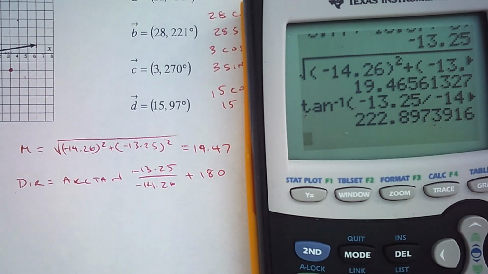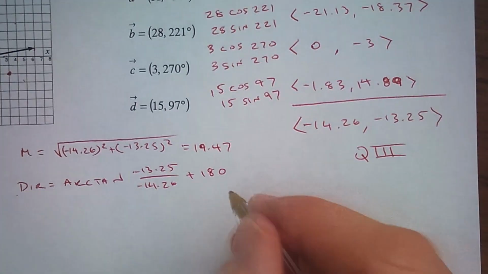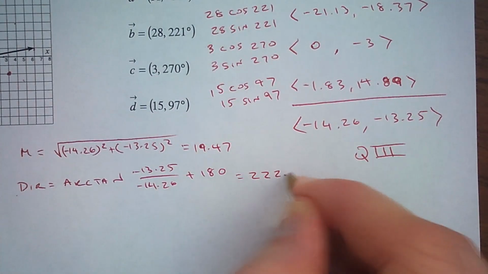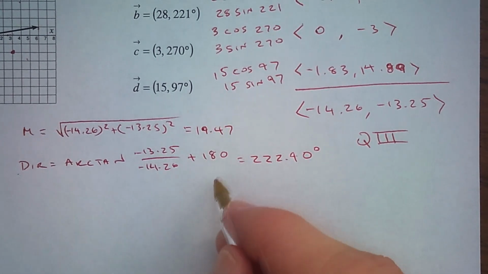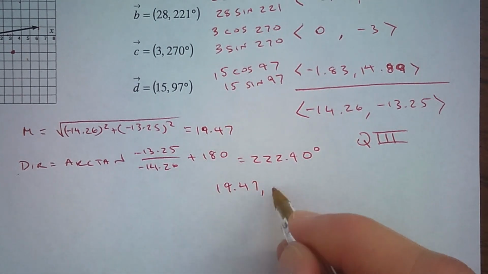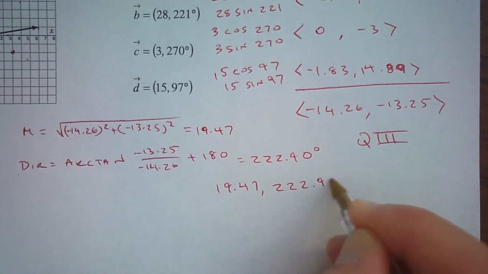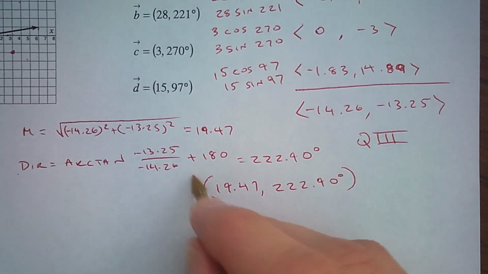So we get a direction of 222.90 degrees. Okay, so our polar form is 19.47, 222.90 degrees.